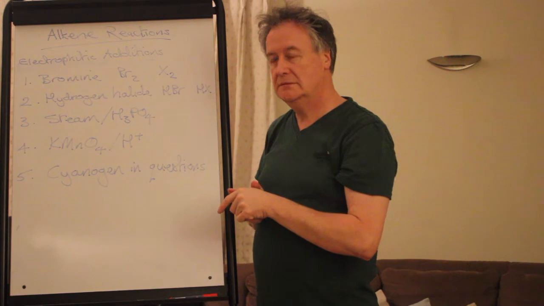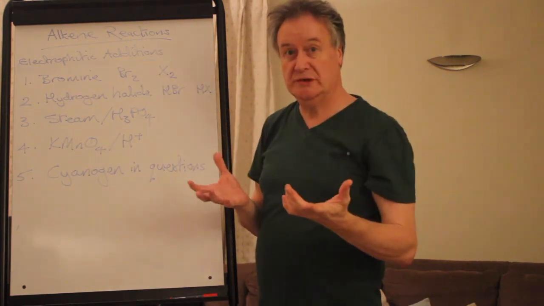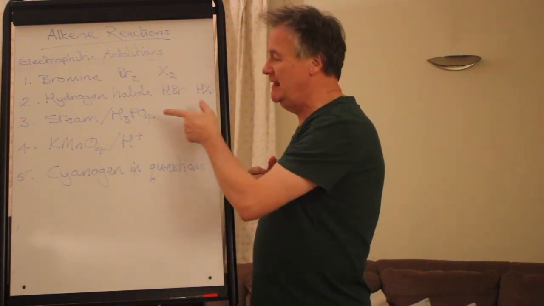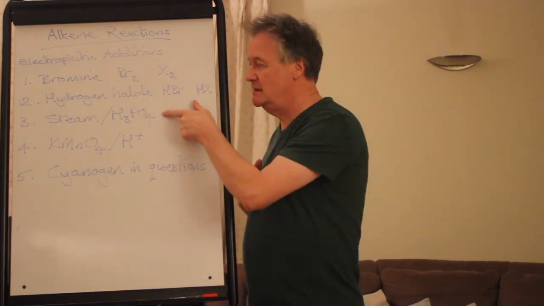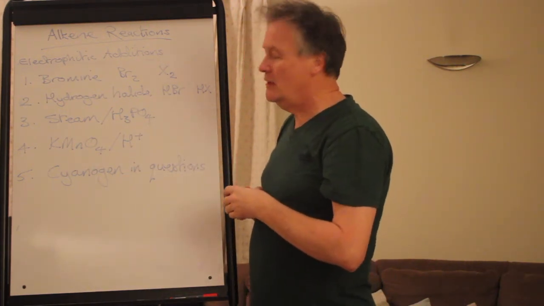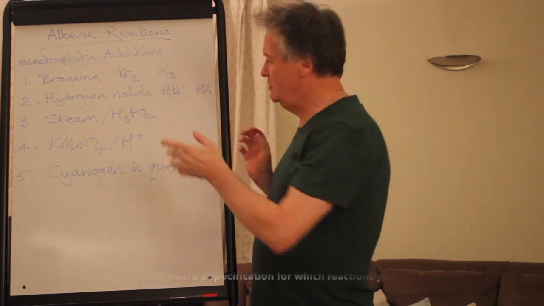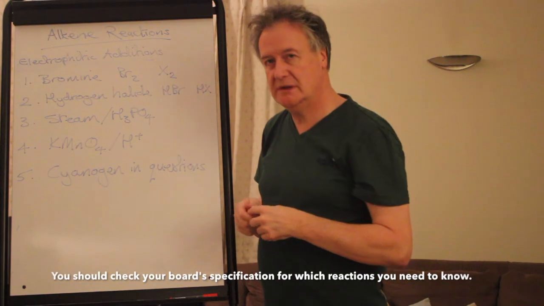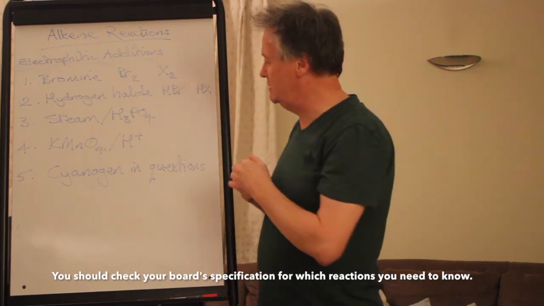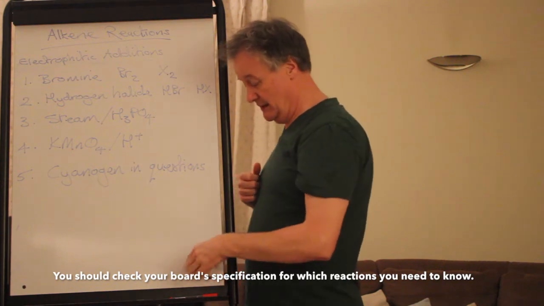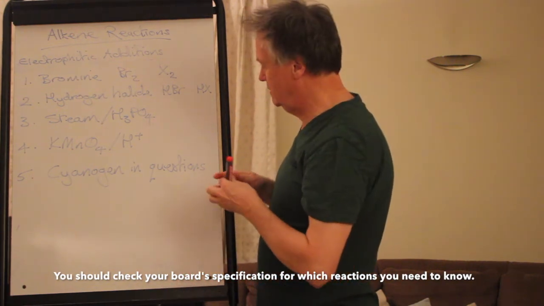Steam, but steam, water, H2O, does not react directly with alkenes. It needs a catalyst. You can have aluminium oxide as a catalyst, and some examples do have that, but most examples in the UK have phosphoric acid as the catalyst. So H3PO4 is the catalyst. I haven't written the word catalyst next to it.